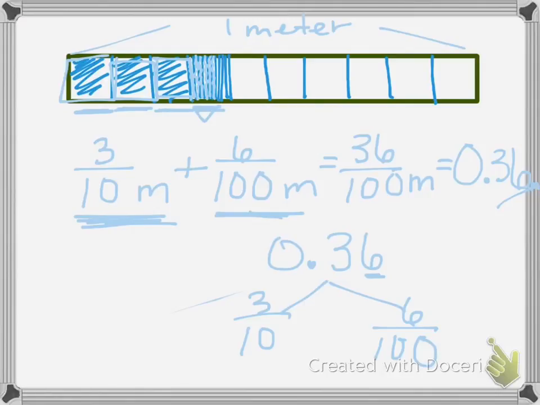So one little guy is 1/100th of a meter. Now, if you're really struggling with this, I suggest that you really work with your partner to figure out how to complete it. And if you and your partner are struggling, please come and see me or Miss Driscoll. Okay, good luck.